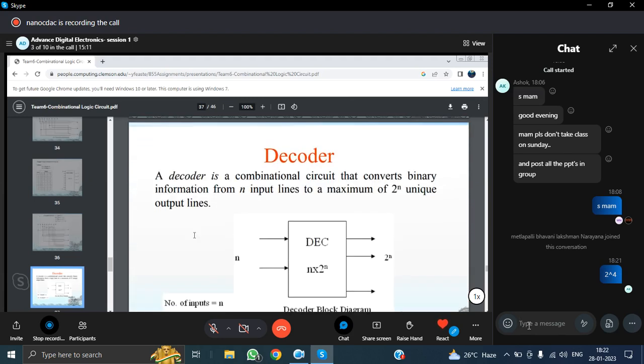Okay, next one, decoder. Decoder is the reverse of the encoder. It converts binary information into outputs. If an encoder shrinks, with fewer outputs than inputs, then a decoder expands the outputs. It converts binary information from n input lines to a maximum of 2 power n unique output lines.